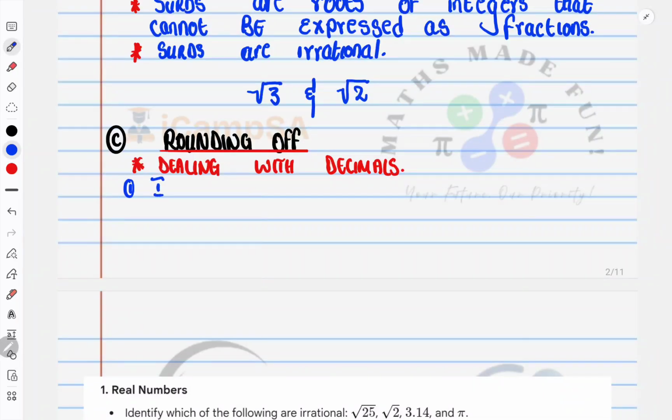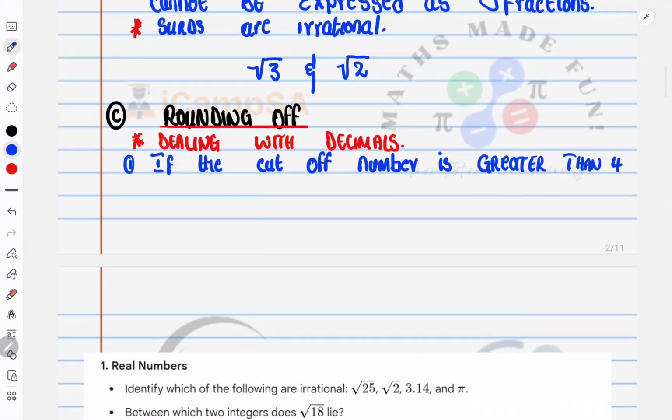If the cutoff number is greater than 4, what do we do?